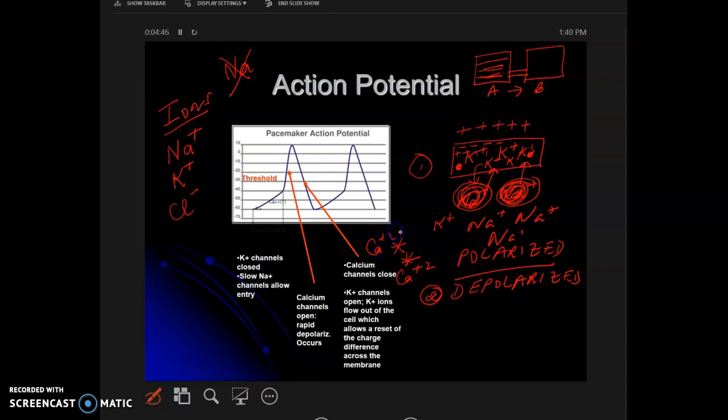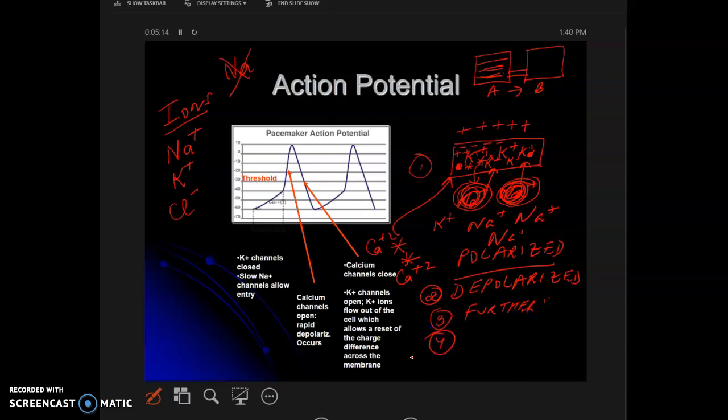So this calcium is now going to further enter. So now inside it has more positive. It had some leftover potassium, 2 sodium entered and 2 calcium entered, making the inside way more positive than the outside. So the cell is further depolarized.